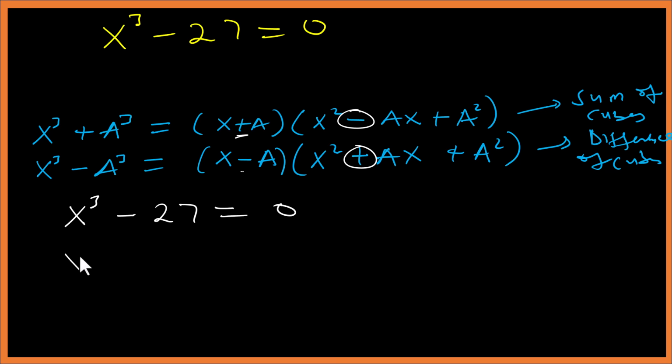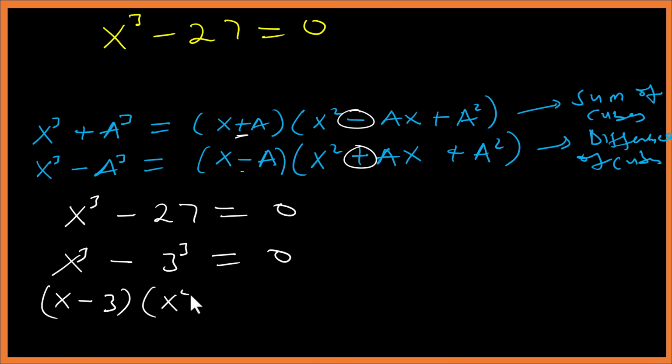We have x cubed minus 3 to the power 3, and it will be x minus 3 times x squared plus the product of 3 and x, 3x, plus 3 squared, that is 9, equal to 0.